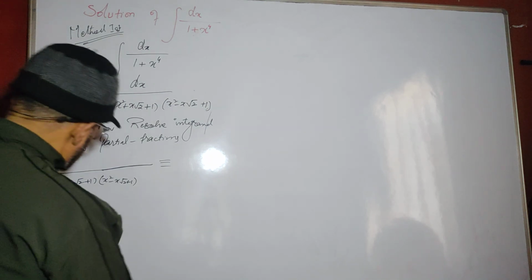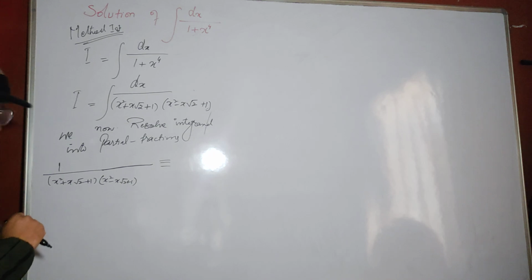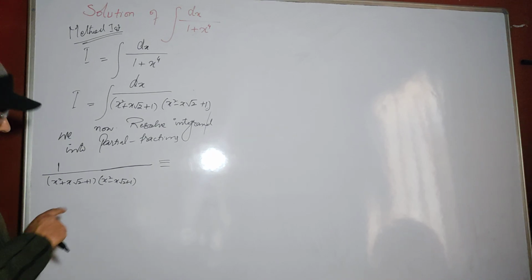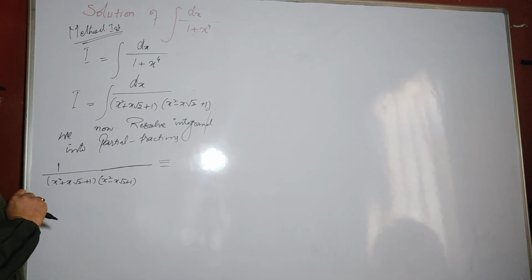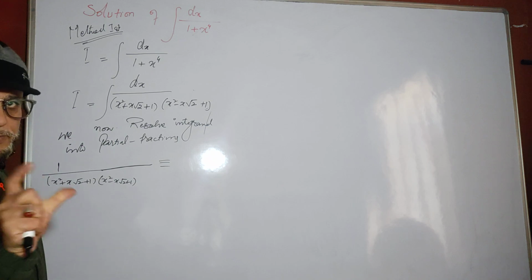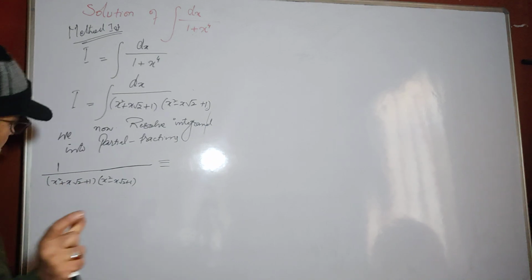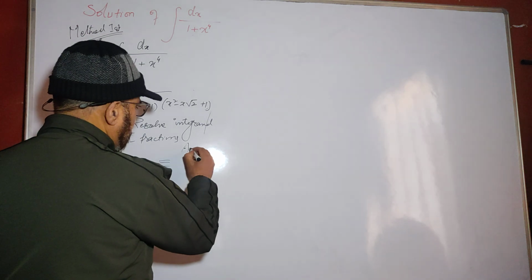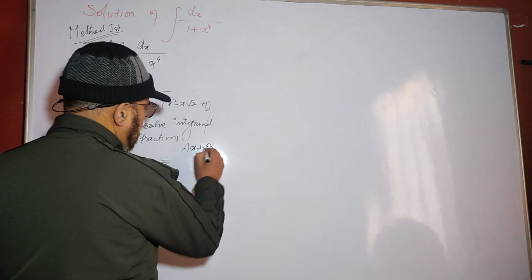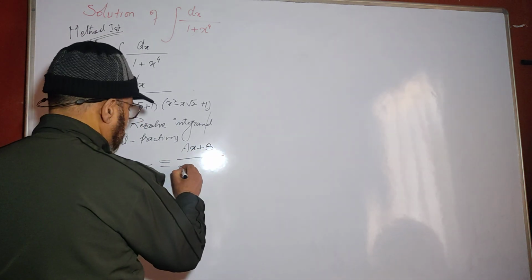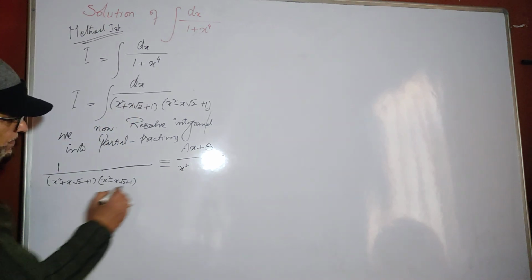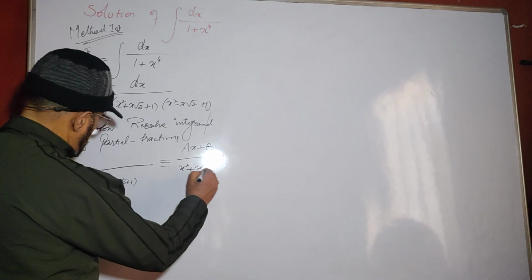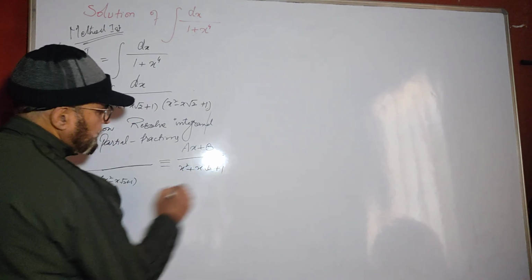Well, we have to now resolve this integrand into partial fractions. These are pure quadratic factors. In partial fractions, you introduce two constants. With one factor, we write it like this: ax plus b upon x square plus x root 2 plus 1.